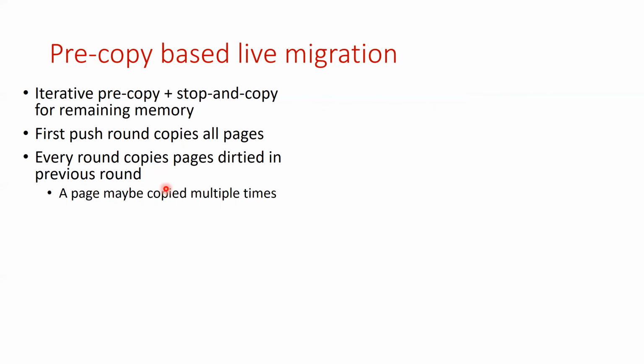In each round you will copy whatever was dirtied in the previous round. You begin with copying everything, and then you keep on adding deltas to it. Oh, you copied page number 4, but while you were copying it, the VM changed it again, you copy it once again, so that your target has the latest version. So the problem with this is a page may be copied multiple times, right?